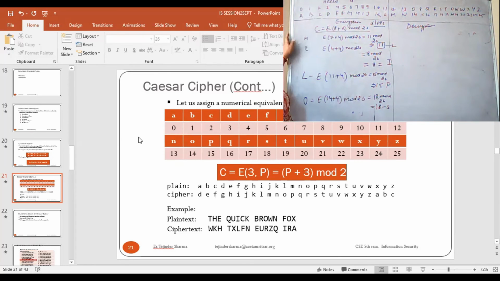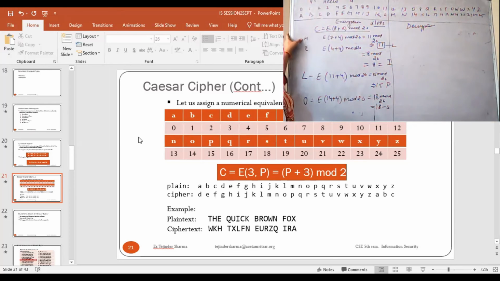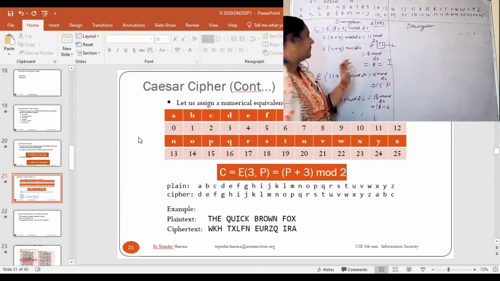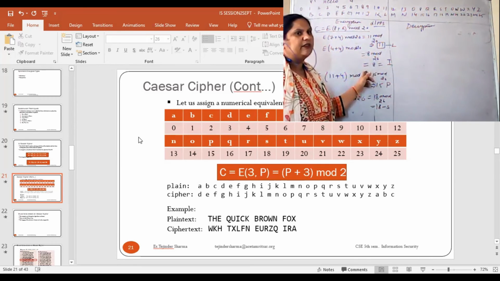I repeat again: first of all you have to write the plain text, then you will write the key. Now for H, the formula is P plus K mod 26. Your H is at the 7th location and the key is 4. 7 plus 4 is 11. 11 mod 26, you will get 11 as the remainder. Similarly, E is at the 4th location, 4 plus 4 is 8, and 8 mod 26 will give you 8.